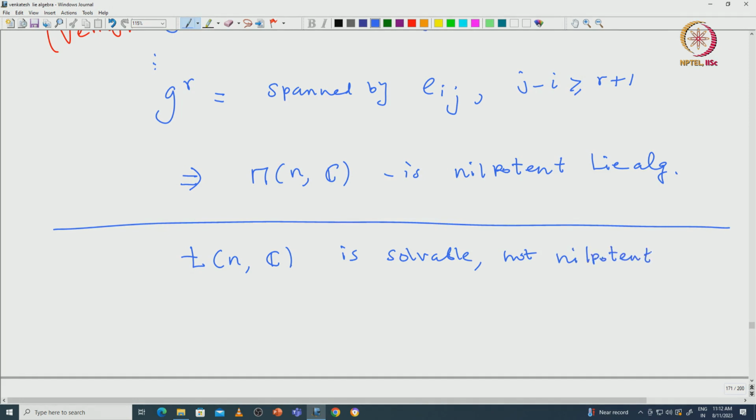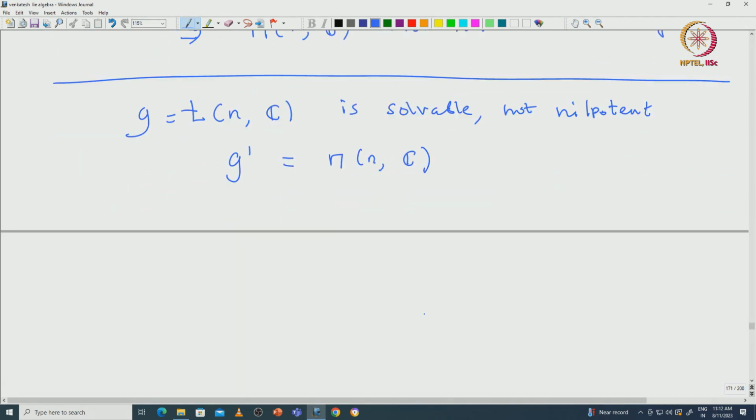It is not hard to see that if you compute the derived algebra of this T n C, that will be the strictly upper triangular matrices. But if you go to the lower central series and compute G2, for example, that will be T n C, N n C, so that will again be N n C. So, you will not go down.